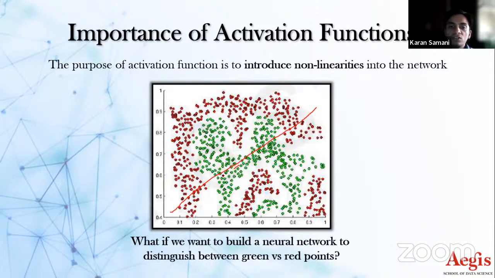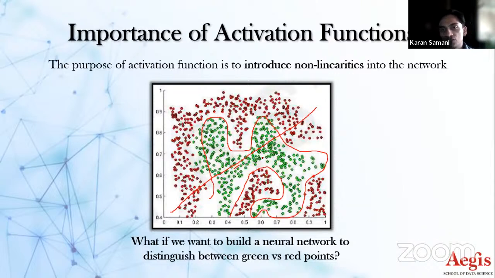This does not give us a best fit. Why? Because it just takes into account the linear part of the data, this straight line itself. What about these curves? How will we take these curves into account? To do that, we have to add some kind of non-linearity, right?